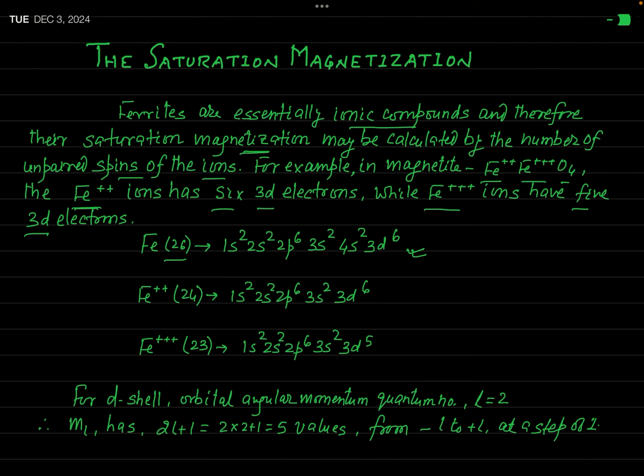I have written 4s² before 3d⁶ because the energy of the 3d subshell is greater than that of 4s, and therefore 4s² has been written earlier. This is the configuration of the neutral Fe atom.